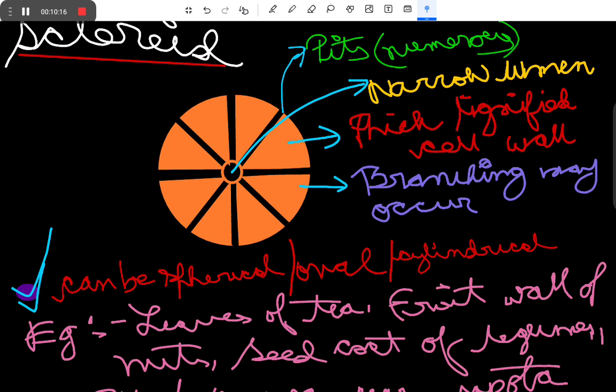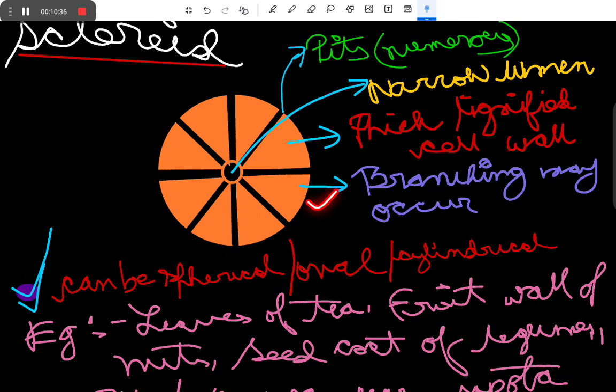Their lumen, the main space within the cell, is narrow. There is only a little portion of lumen all around. And they have a thick lignified cell wall. This makes the cell die, right? Deposition of lignin, as I told you.